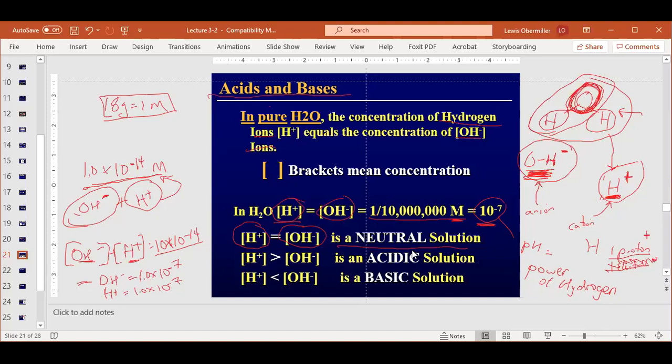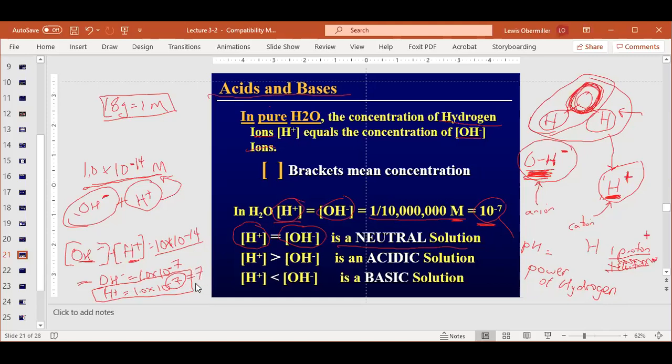All right. So in a neutral solution, what we're concerned about is what the amount of hydrogens, the H pluses, are in the solution. This affects the pH. And all you have to do is take this exponent that's negative and convert it into a positive number, and that's the pH value.